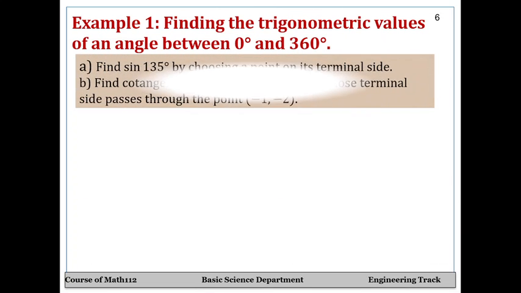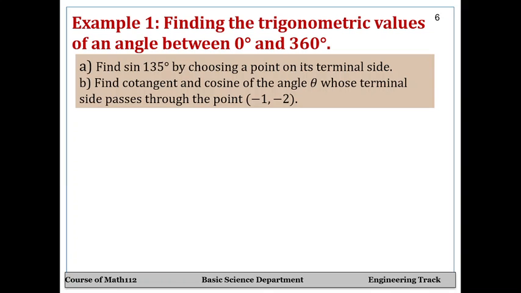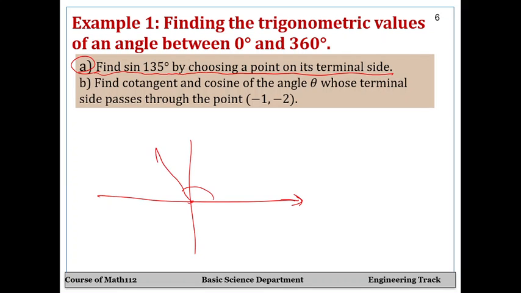in the examples. For example, find sine 135 degrees by choosing a point on its terminal side. Let's do the first part here in the example. So let's put this 135 in the coordinate system. This is the terminal side. 135 is like you go 90 degrees up to here, and then 45 more.